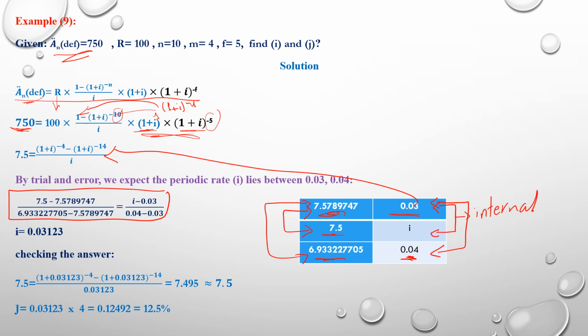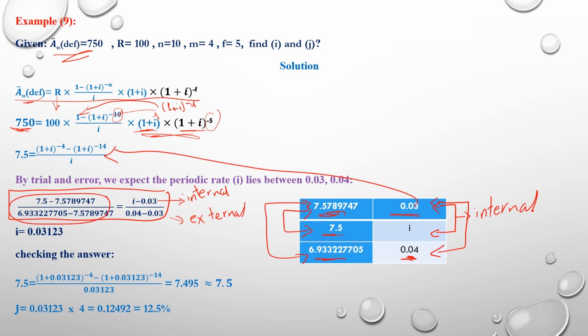So 7.5 minus 7.5789, which are the internal amounts, equals i minus 3, over the external amounts, 6.93322 minus 7.57, which equals 4% minus 3%.